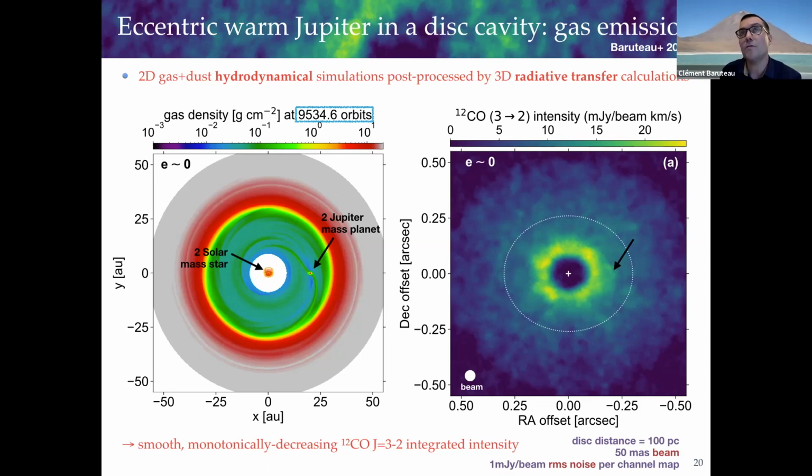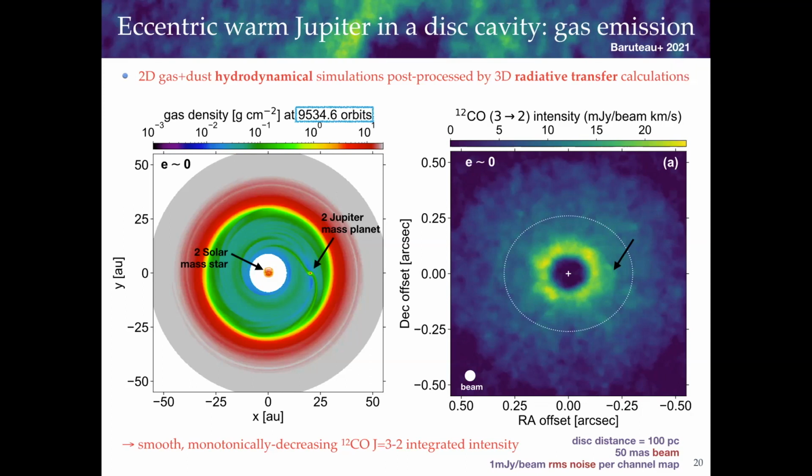If you have a jump of 2 orders of magnitude in the alpha turbulent viscosity, you will also have a jump of 2 orders of magnitude in the surface density. So you can think of the initial state of the simulation prior to the introduction of a planet as a sort of Heaviside density distribution, constant inside the cavity, then the jump, and constant outside the cavity, with a density contrast of 2 orders of magnitude, because that's the jump of alpha that we know.